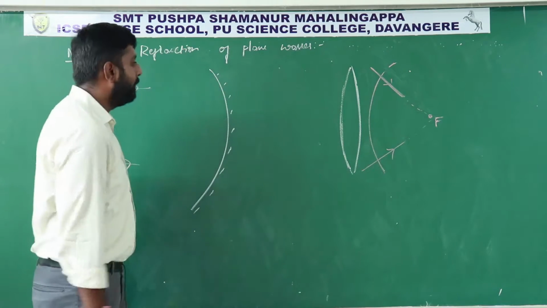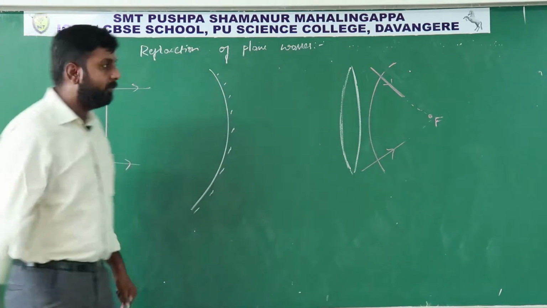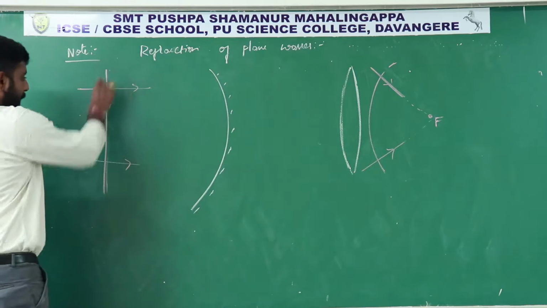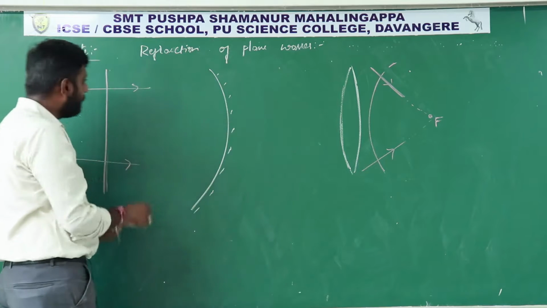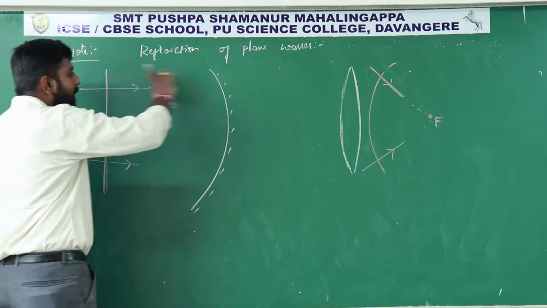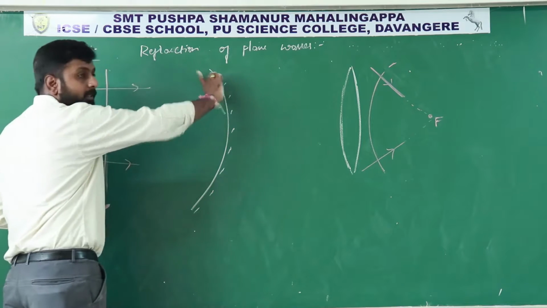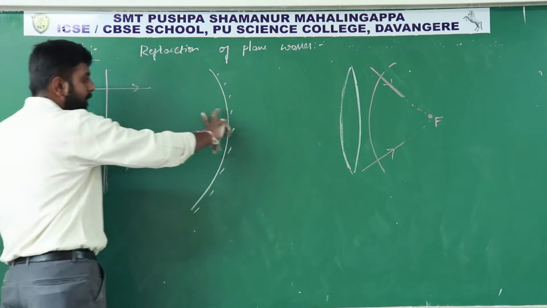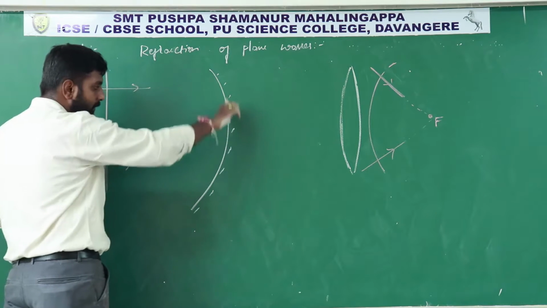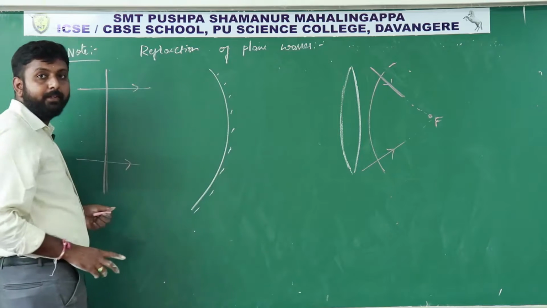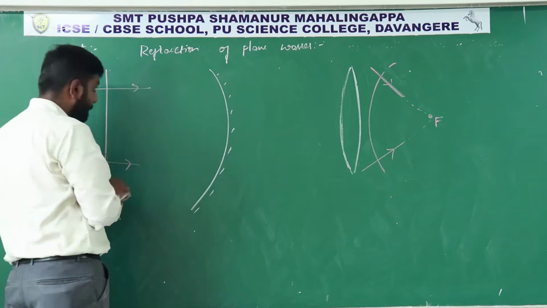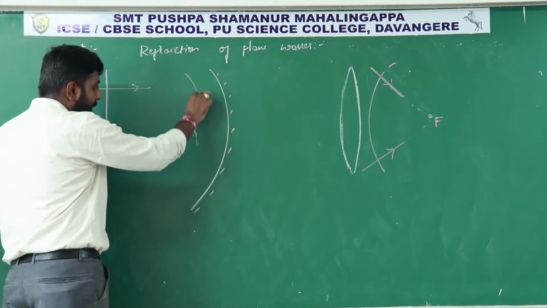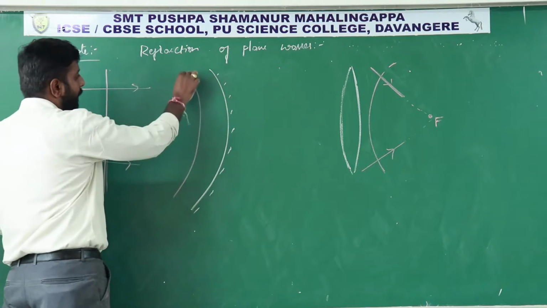Once the plane wavefront is incident on the mirror, this portion will be incident first and this portion will take more time, due to the curved surface. After reflection you will observe again a spherical wavefront.